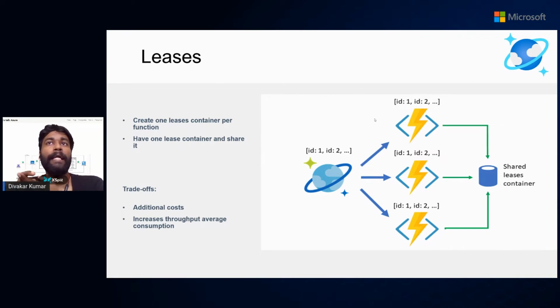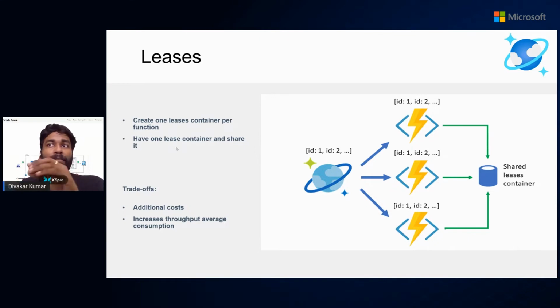You can either create one lease container per function, or you can have a shared leases container. So in the first case, there is a trade-off, because now you need to incur additional costs, because the leases is also going to be a new container, and you need to provision throughput for those containers as well.